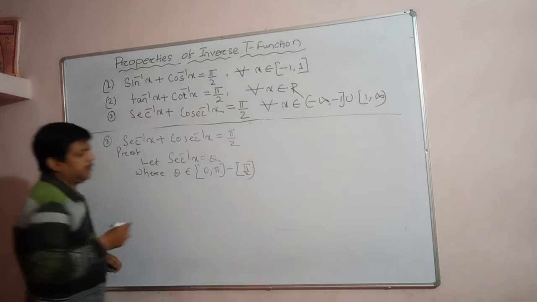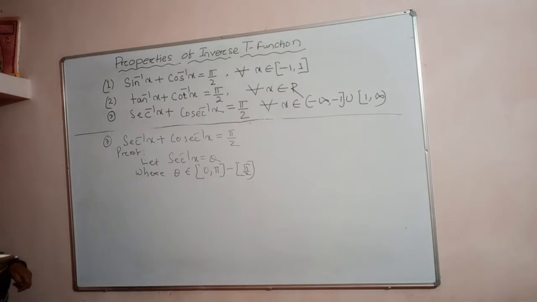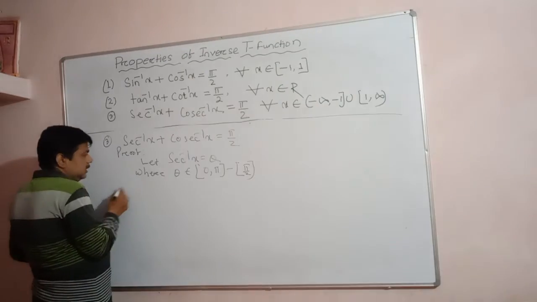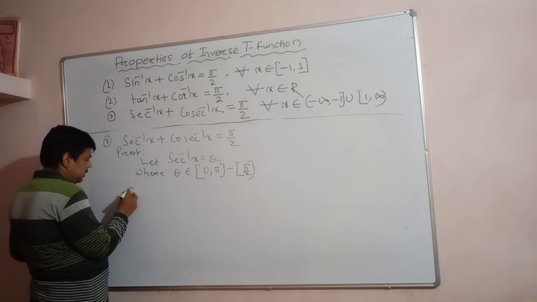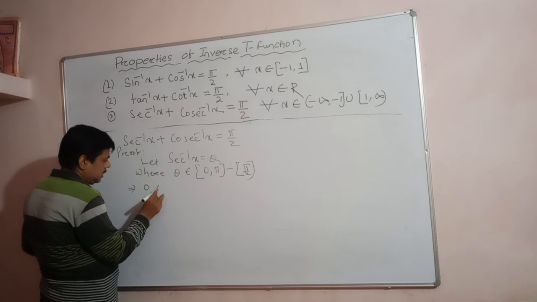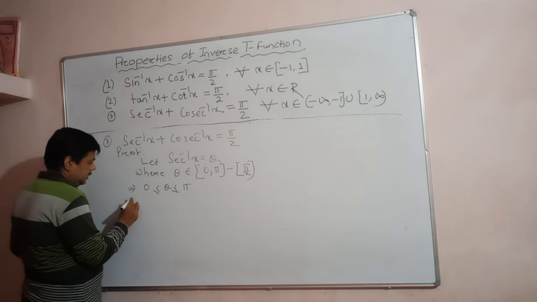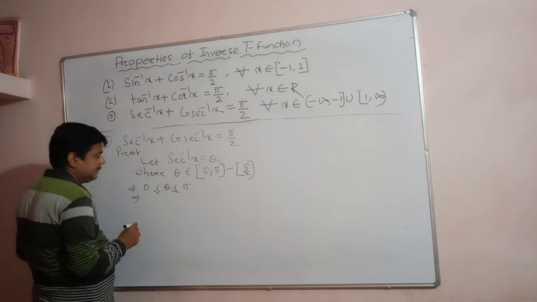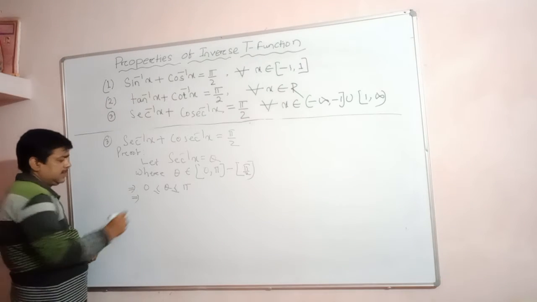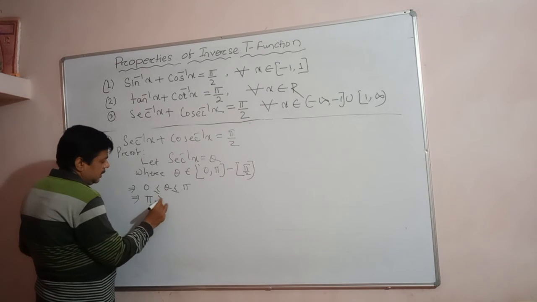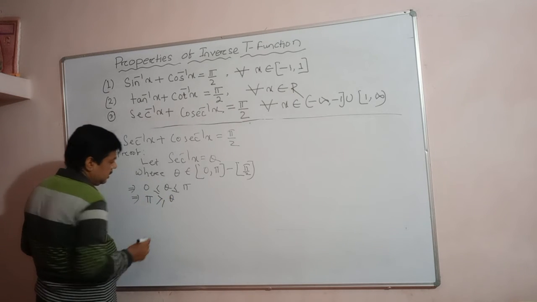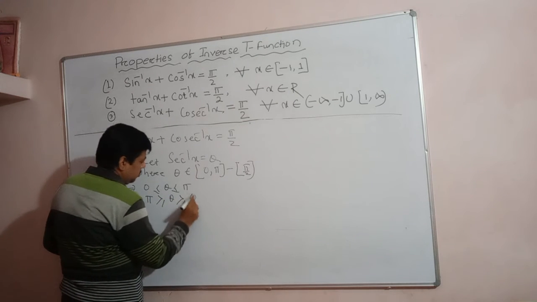Theta cannot be pi by 2. All of you know? It means 0 is less than or equal to theta is less than or equal to pi. That implies pi is greater than or equal to theta is greater than or equal to 0.